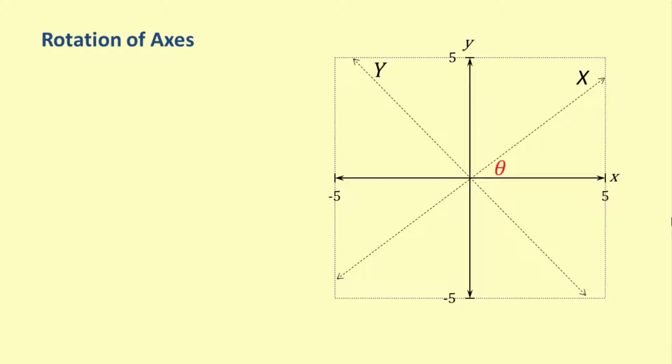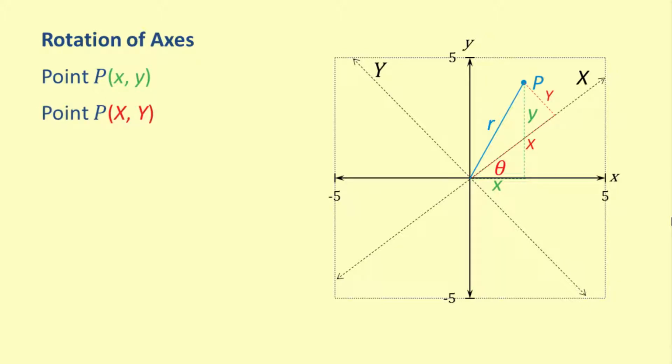Let P equal some point at distance r from the origin. We can represent the point P as the point (x, y) on the original coordinate system, or capital (X, Y) on the new coordinate system. Next, we will define angle alpha as the angle that r makes with the new x-axis, which means that alpha plus theta is the angle that r makes with the original x-axis.